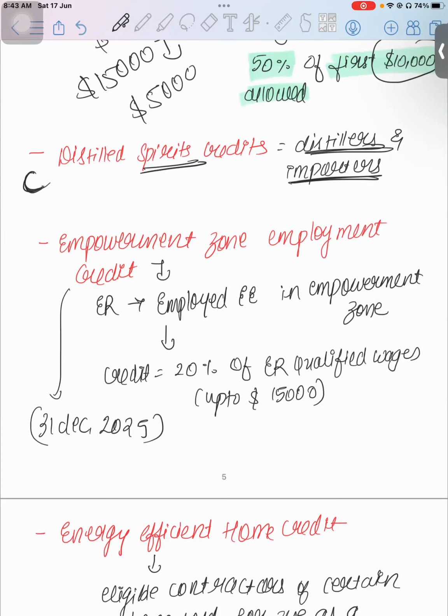Next is empowerment zone employment credit. This is important. Why? Because this credit will be available till the 2025 tax year. So there are higher chances that they can ask questions on this topic in 2022 or maybe the 23 tax year or 24. So till 2025 only this credit is available.